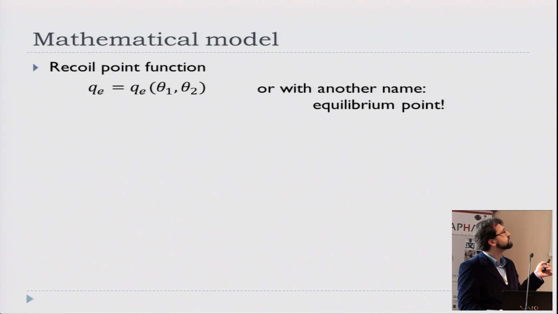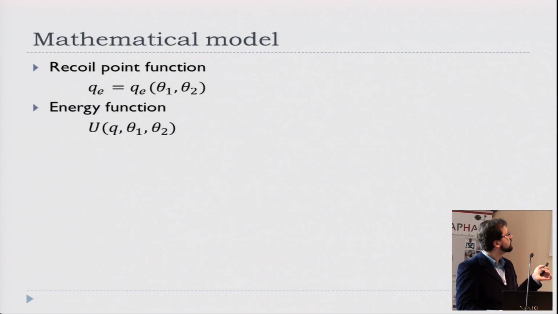But in principle, it could be not. Especially for a hybrid system, this can be a very strange function. So you have to provide it to the user. Otherwise, they wouldn't be able to use the variable stiffness actuator. The equilibrium of the system depends on the position of the two motors, but you don't know how.